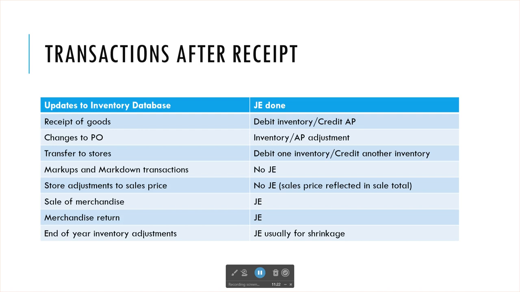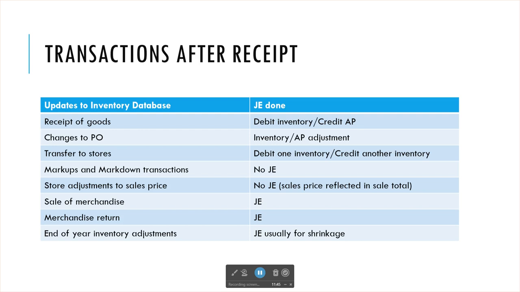At the end of the year, you are going to have to make some adjustments for what they call shrinkage. Shrinkage is when we have theft, and we don't know when theft happens. But I could say this. The thing about theft is theft doesn't go through a point of sale device. No one's taking theft through the register scanners.